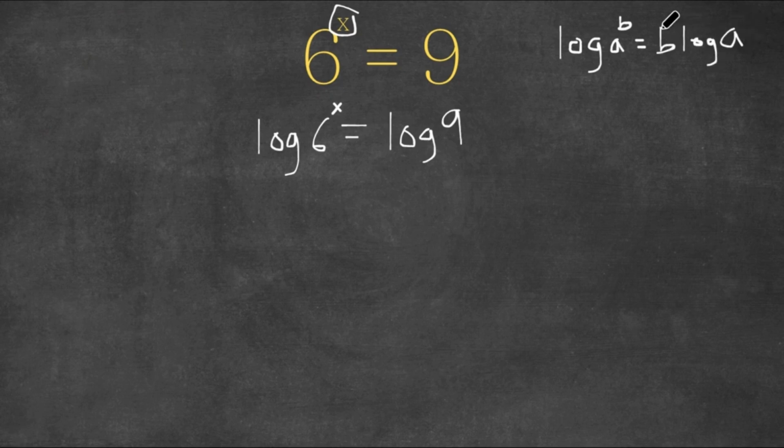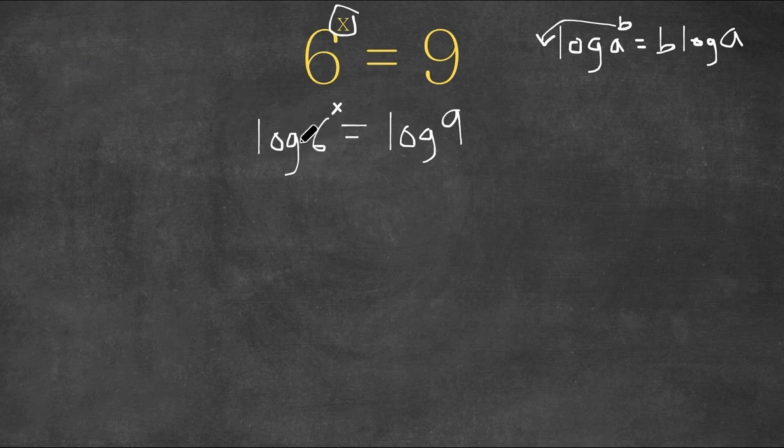So as you can see, what we did was we took our exponent here and we moved it right in front of the log. And this is one of the important properties of logarithms.